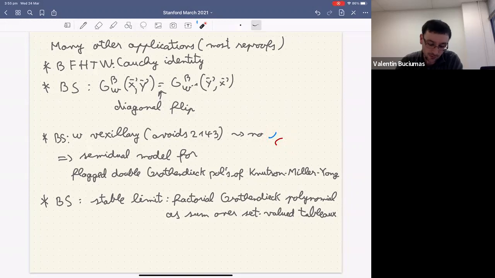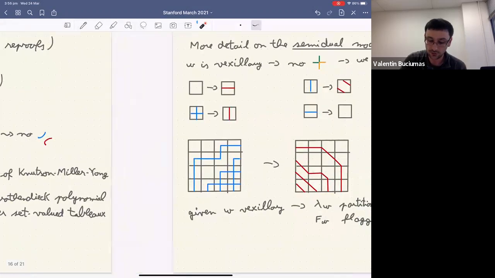And then we may build a semi-dual model for flagged double Grothendieck polynomials. And finally, we may also study factorial Grothendieck polynomials, which are the stable limit of these polynomials.